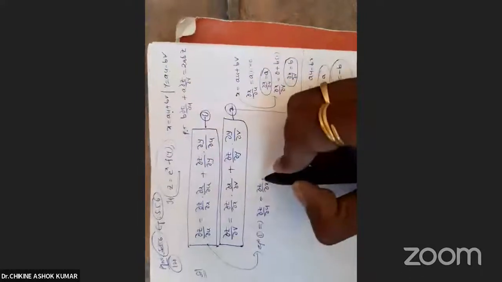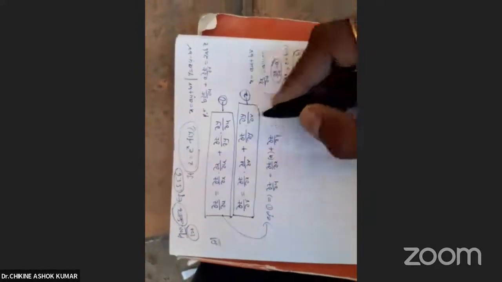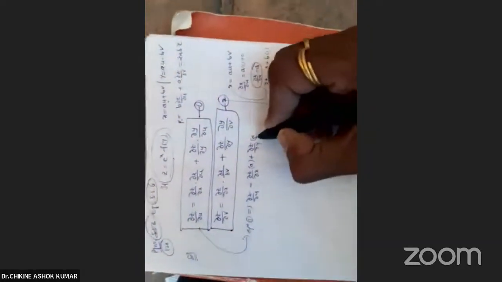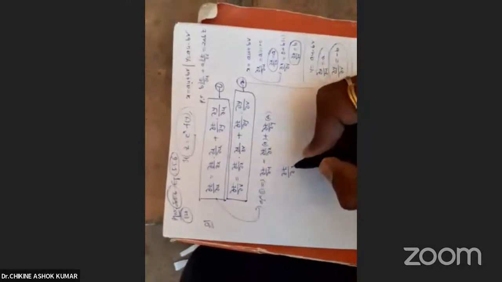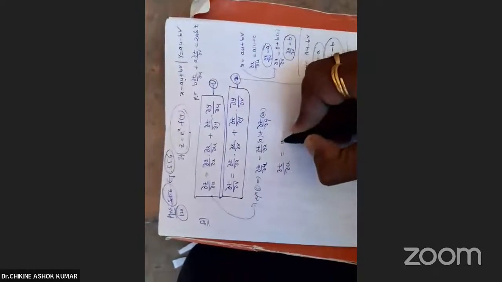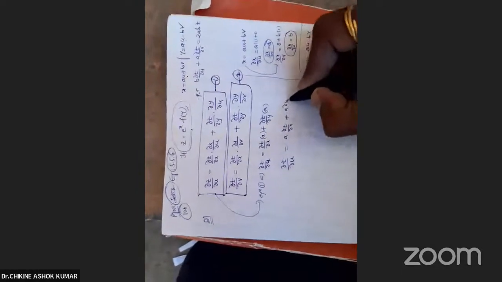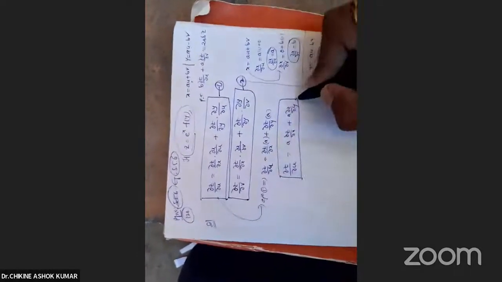So I'll write here a, plus dou z by dou y into dou y by dou u. Dou y by dou u is plus a. So I got dou z by dou u equals a into dou z by dou x plus a into dou z by dou y. Assume this is equation number 3.